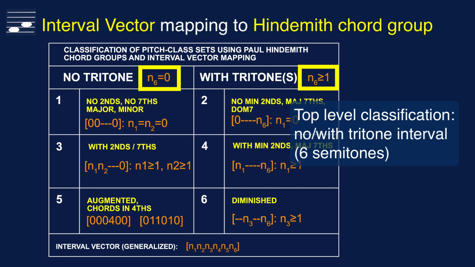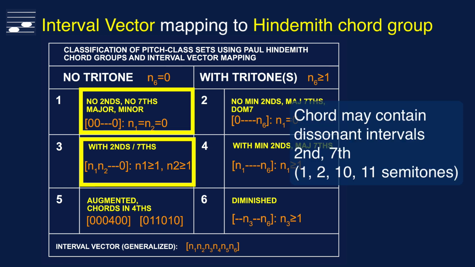The top-level classification is based on the presence of a tritone interval. On the left we have the chord structures without 6 semitone intervals, so N6 is 0. On the right there may be one or more tritones, so N6 is equal to or greater than 1.